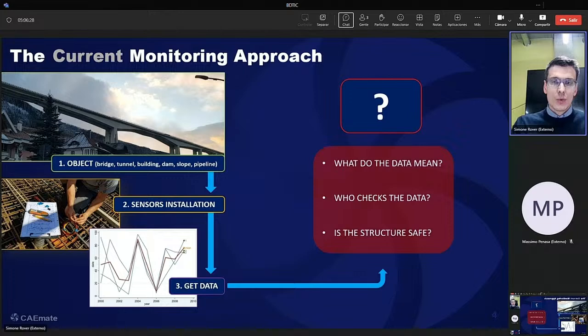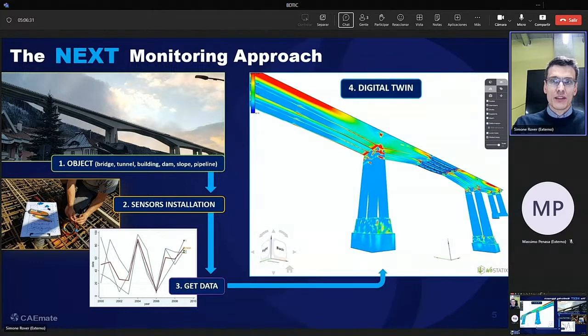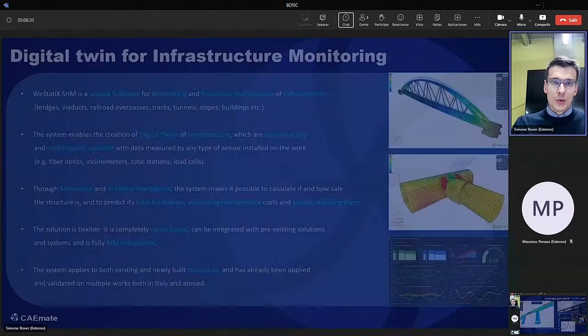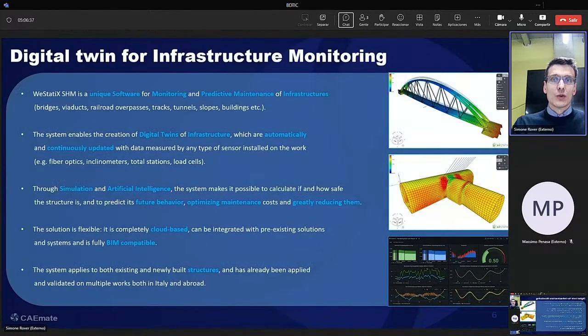For this reason, we developed an innovative digital twin. Innovative because it automatically and continuously updates itself based on the data coming from all types of sensors installed in situ on the structure.